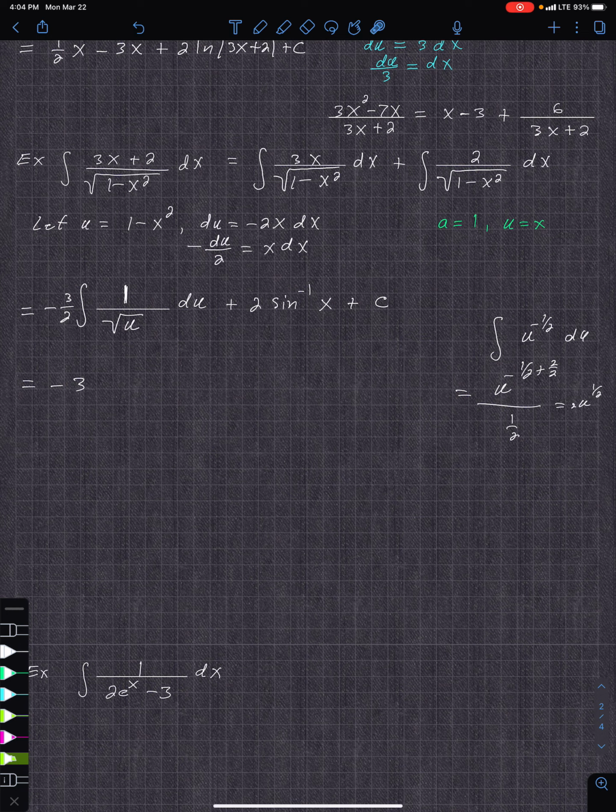This will then reduce, because the 2 ends up being on the top, and so you just end up with a -3 times the square root of 1 minus u, which is x squared. And then 2 sine inverse x plus c.